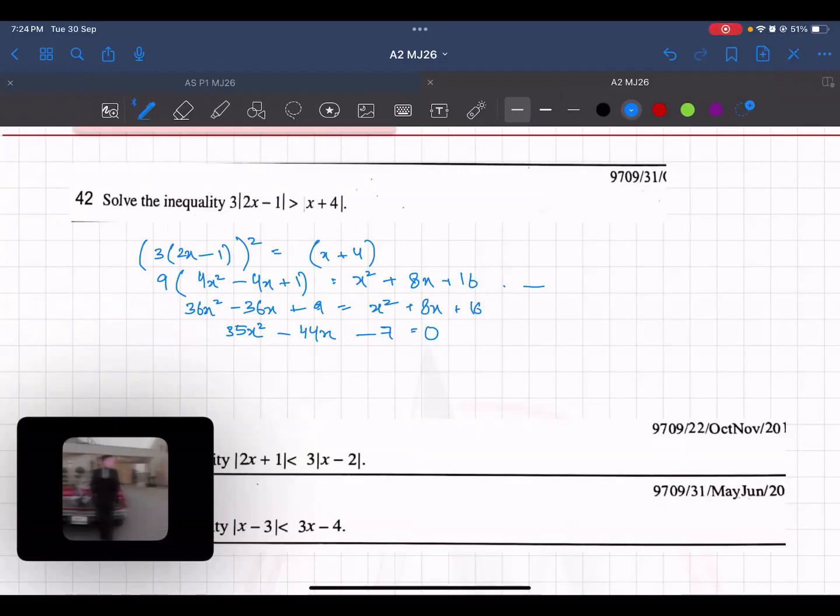Sir, after this it will become x is less than −1/7 and greater than 7/5, so the inequality is 3|2x − 1| is greater than |x + 4|. And then make the regions using the number line.